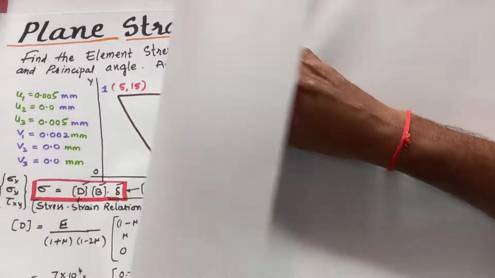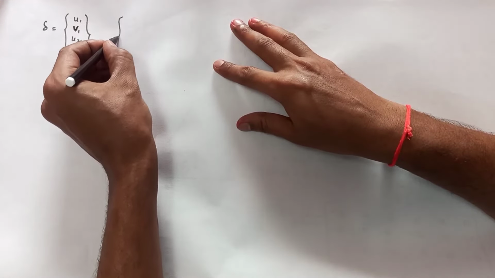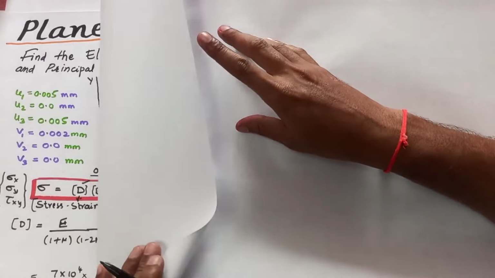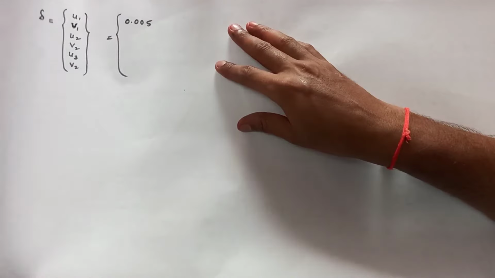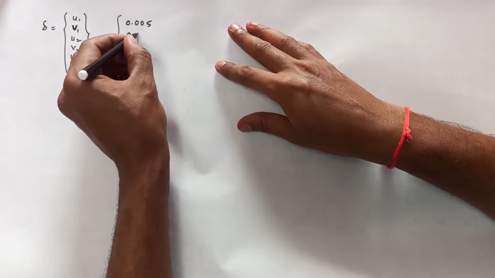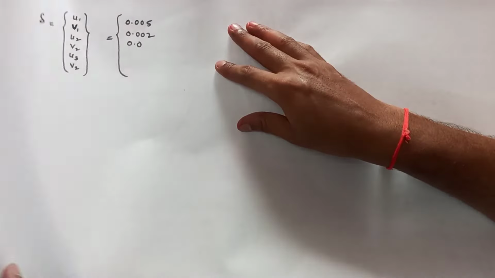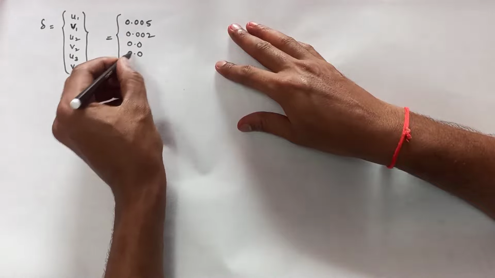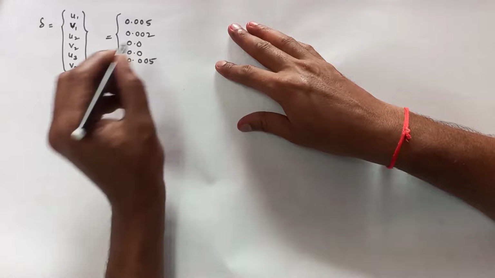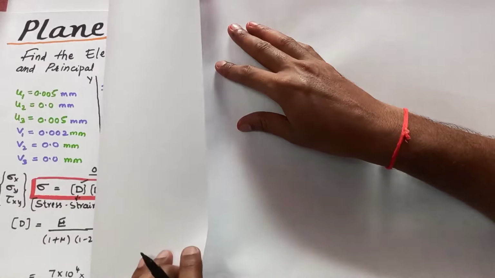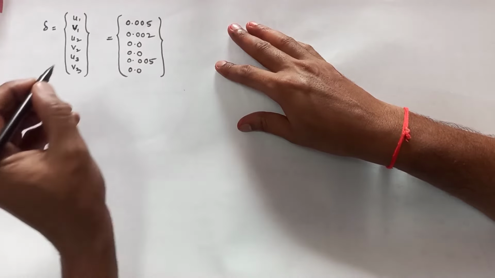So this displacement is already given in the question. So U1 is how much? 0.005, and V1 is 0.002, U2 is 0, V2 is 0 again, next U3 is 0.005, next V3 is 0. So this is the displacement vector.